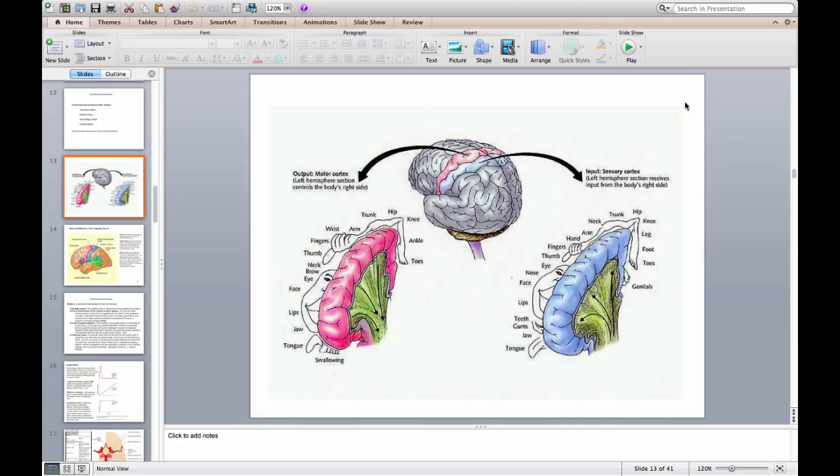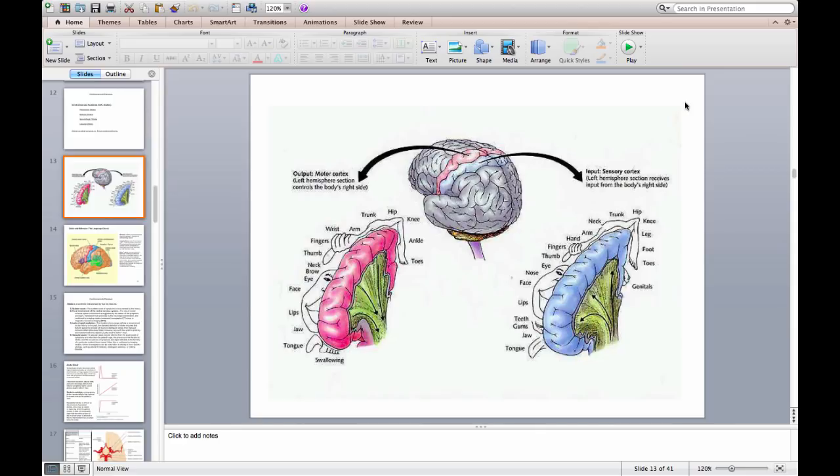We can have motor changes and sensory changes, and the motor changes are very, very common. The most common motor changes are hemiparalysis or hemiparesis, where one side of the body has lost muscle control, either with or without loss of sensation.